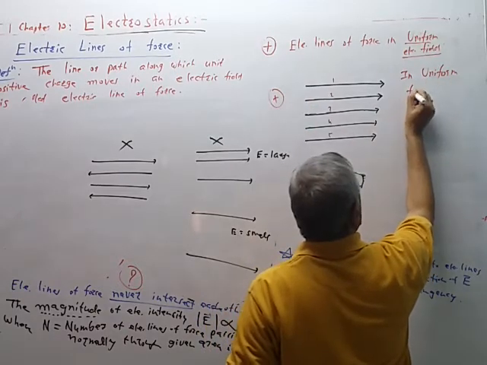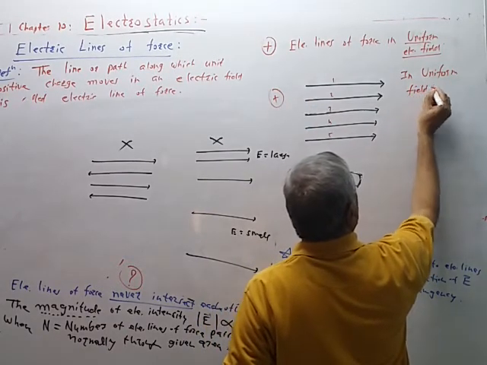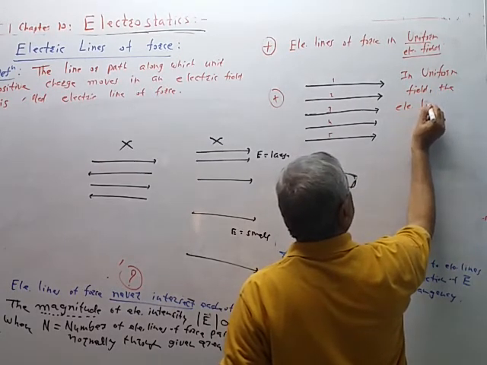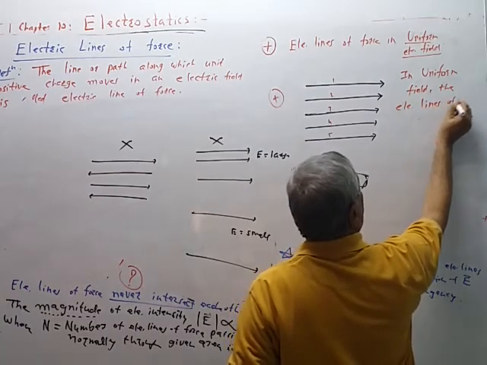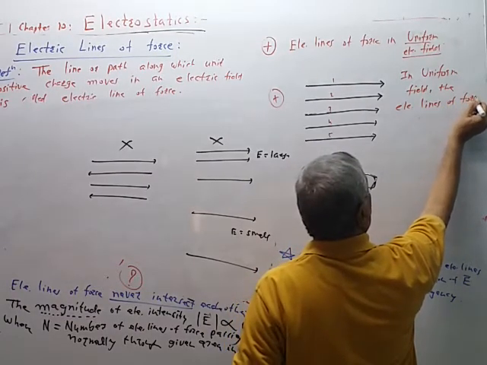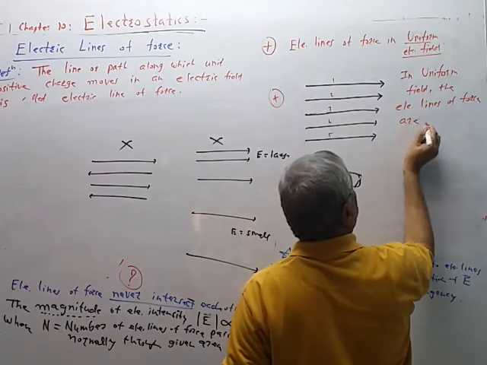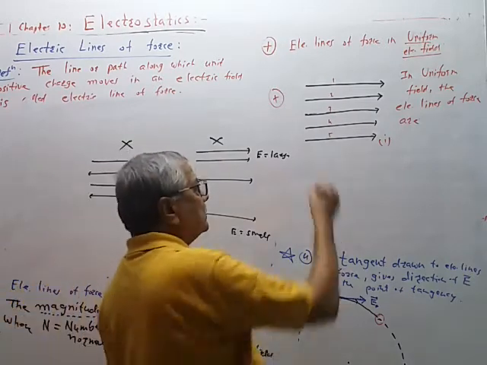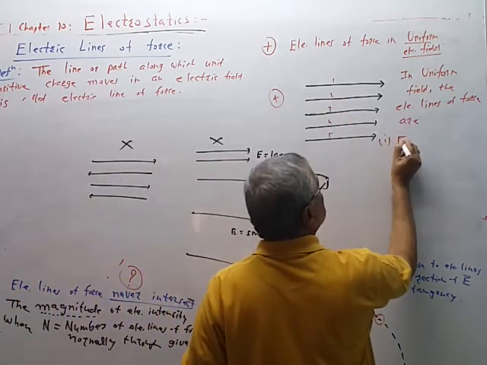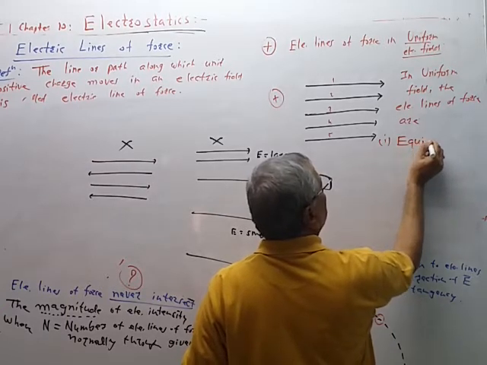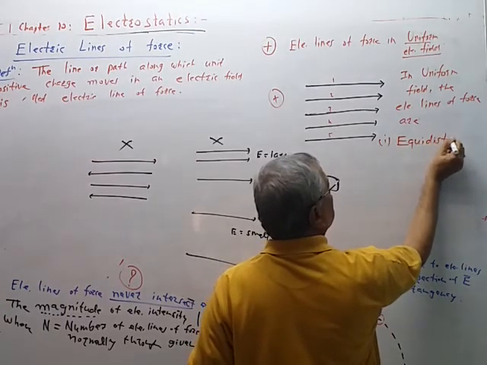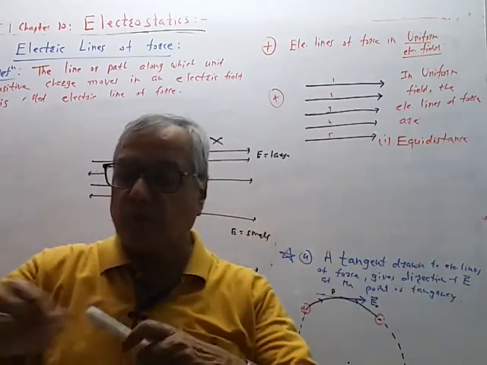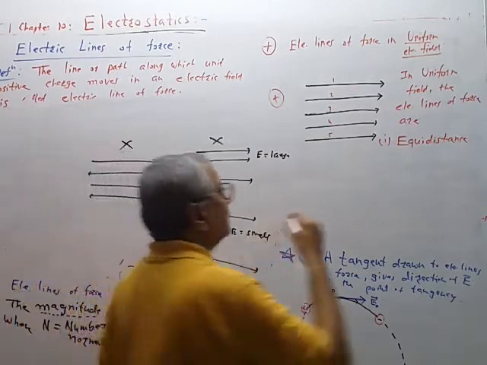In uniform field, the electric lines of force are: first, magnitude is remaining same, means they are equidistant from each other. आपल्या पेपरवरच्या लाईन आपण यूज करू शकतो, equidistant from each other.